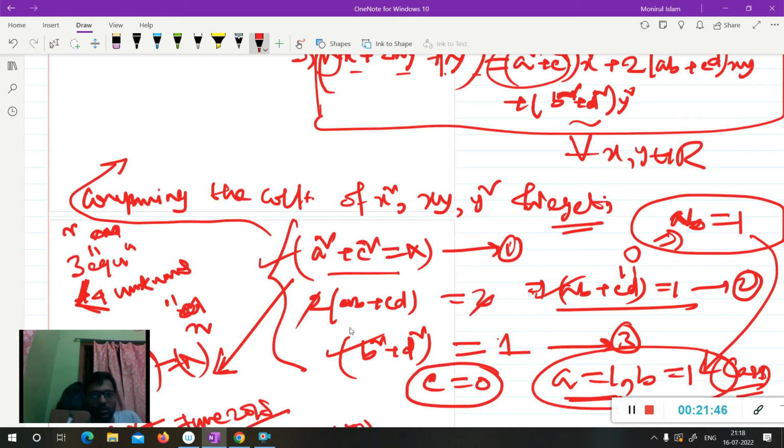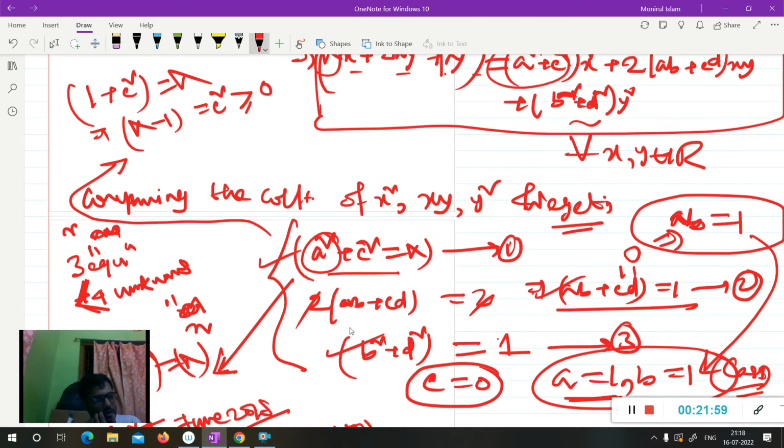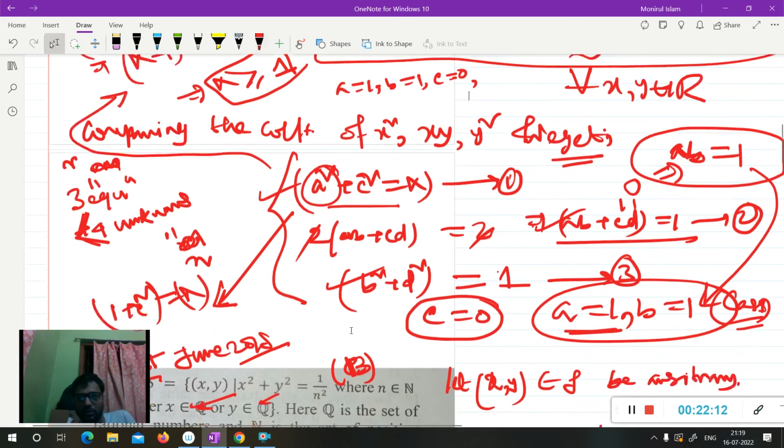If you put A equal to 1, then you get 1 plus C square equal to lambda. Now lambda minus 1 equals C square. Now C square is always greater than or equal to 0 for any real constant, so you get lambda equal to 1. Using A equal to 1, C equal to 0, and D may be any real constant.